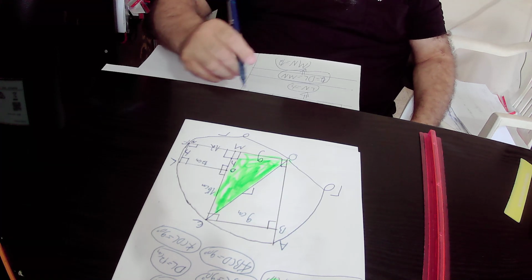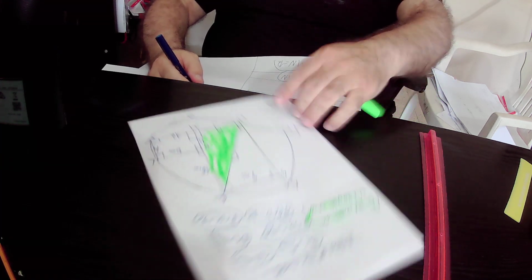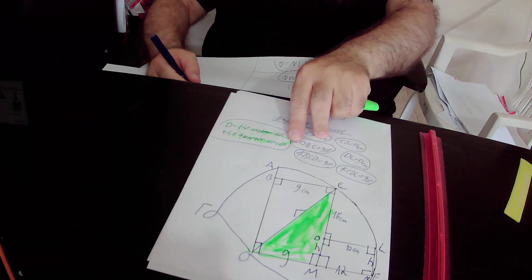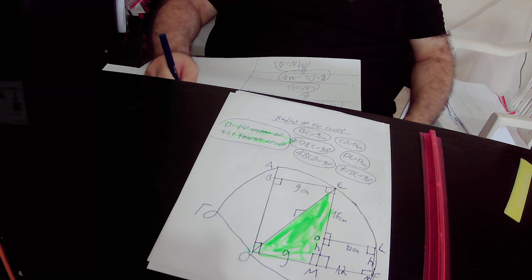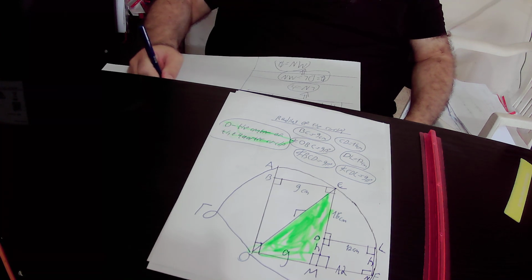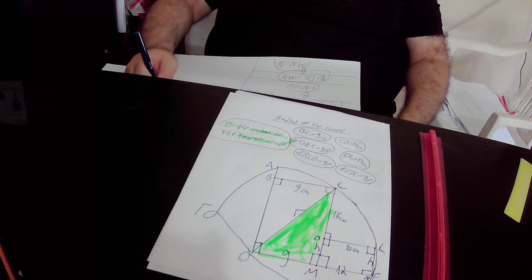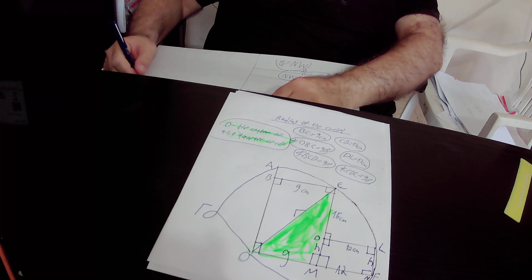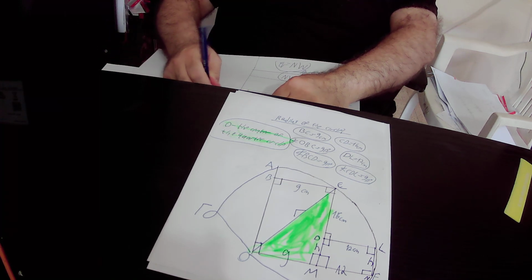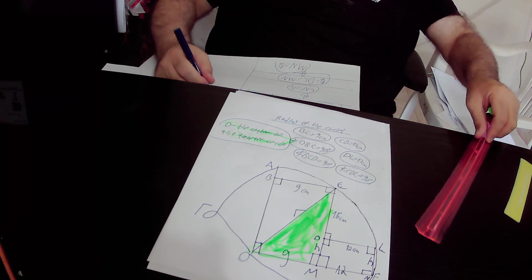So here, if we focus on the green right triangle, triangle OMC, by PT, the abbreviation for Pythagoras theorem. According to the Pythagoras theorem, the square of the hypotenuse equals the sum of the squares of the perpendiculars.